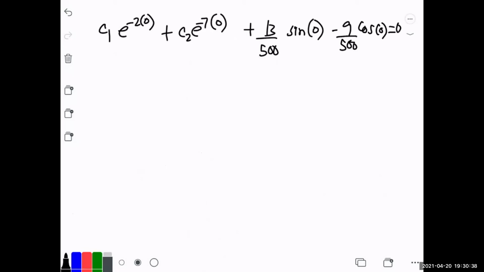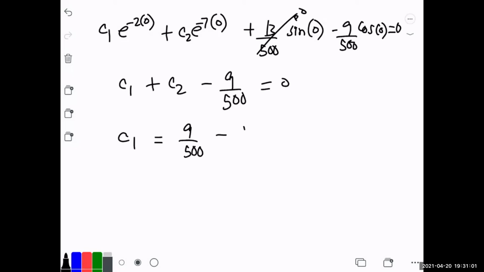So what is left is c sub 1 plus c sub 2 minus 9 over 500, because sine 0 is 0, is equal to 0. So let's define c sub 1 in terms of c sub 2. So c sub 1 is equal to 9 over 500 minus c sub 2.